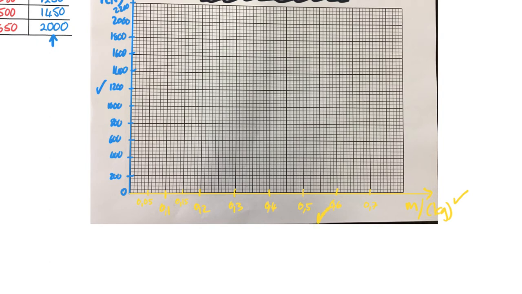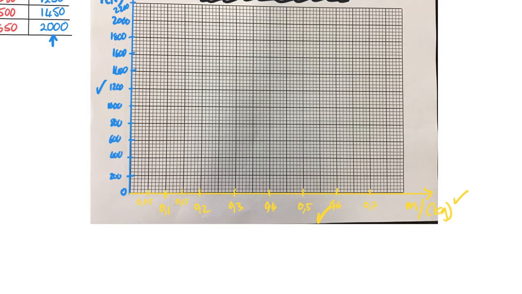Note that each block on the y-axis represents 200 newtons, but each block on this axis represents 0.05 kilograms. So the scales on the 2 axes don't need to be the same. Like in mathematics, it's generally like that in math. But in physical science, the scales can be very different.